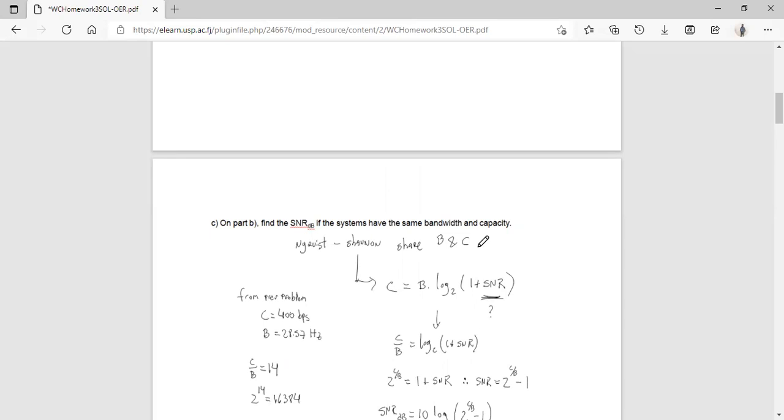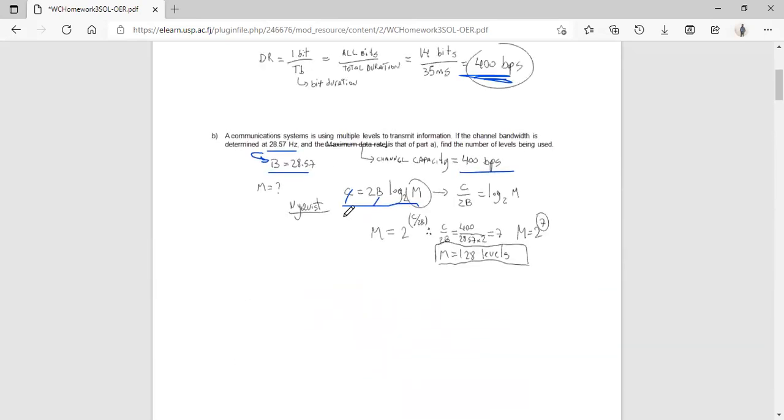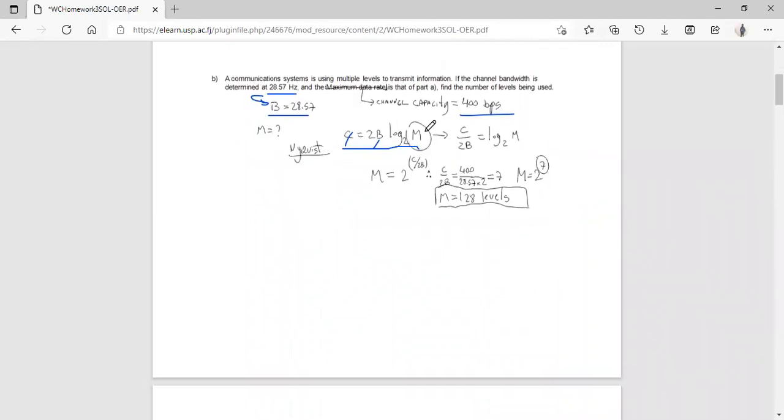Based on our previous question, same as part B, we were given the bandwidth as 28.57 and our channel capacity as in part A, which is 400 bits per second. So we know our bandwidth, we know our capacity. Now we need to calculate our SNR.